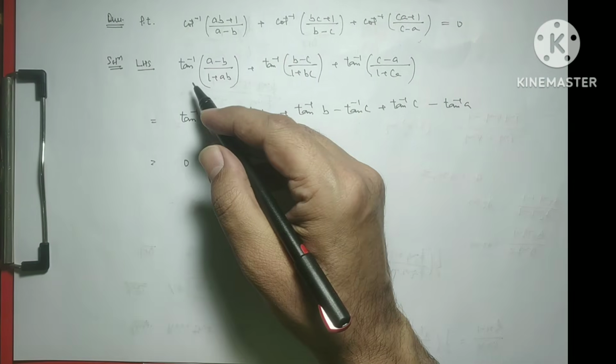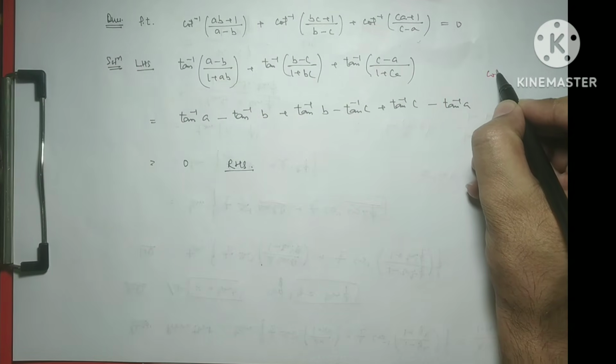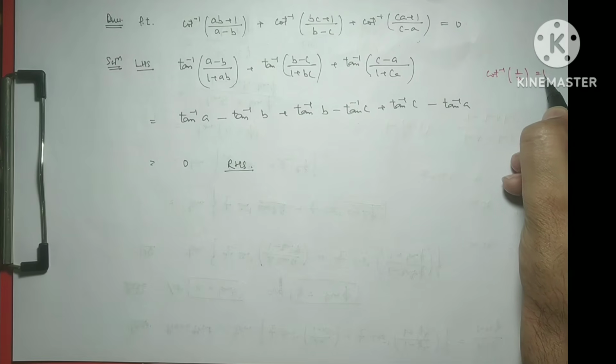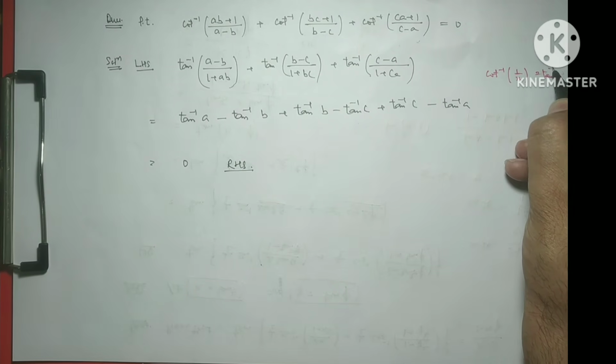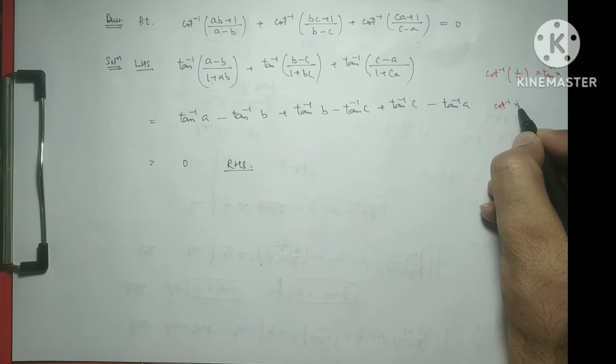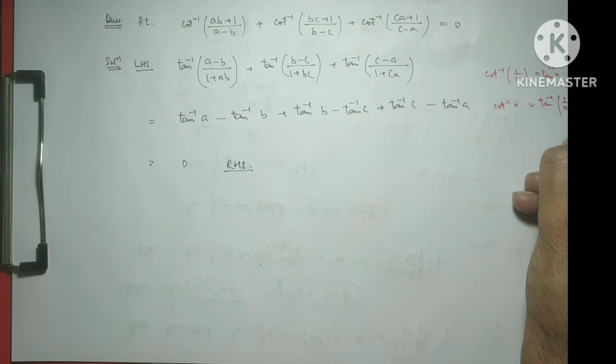So we will convert it into tan inverse. So we know very well cot inverse 1 over x is tan inverse x, or you can say cot inverse x is tan inverse 1 over x.